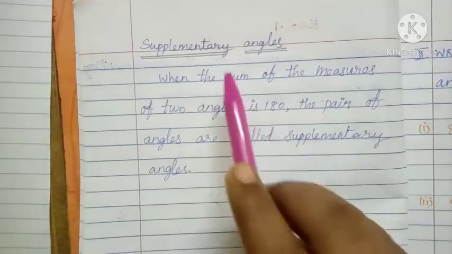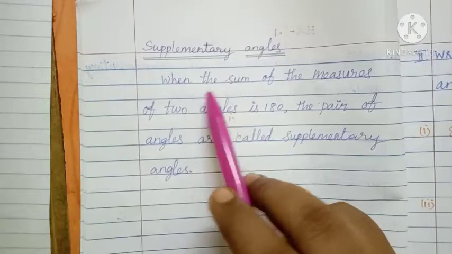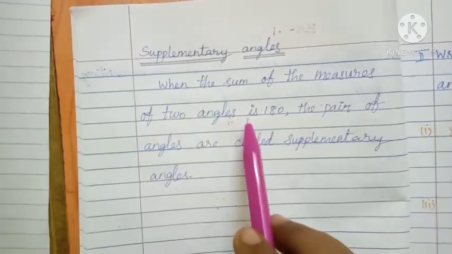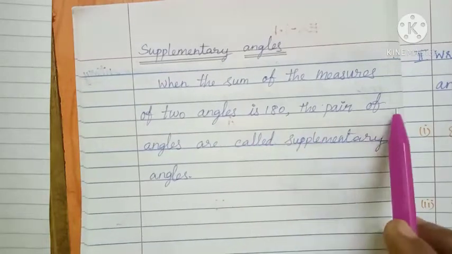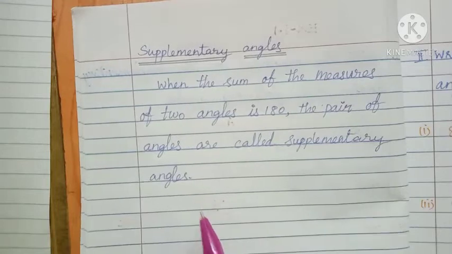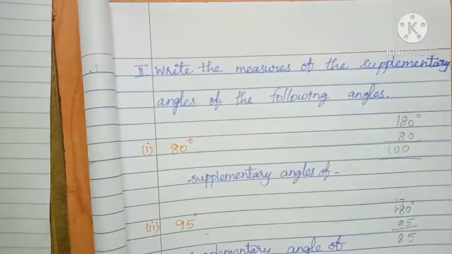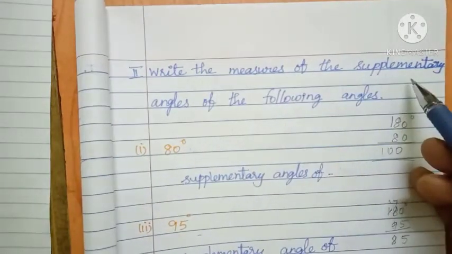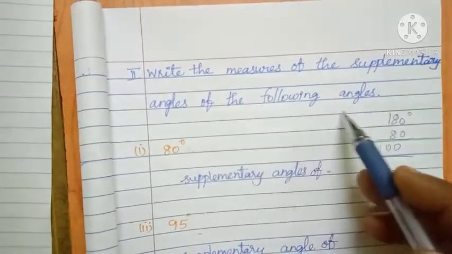Write in your classwork the supplementary angle definition. When the sum of the measure of two angles is 180, the pair of angles are called supplementary angle. First sum. Write the measure of the supplementary angle of the following angles.